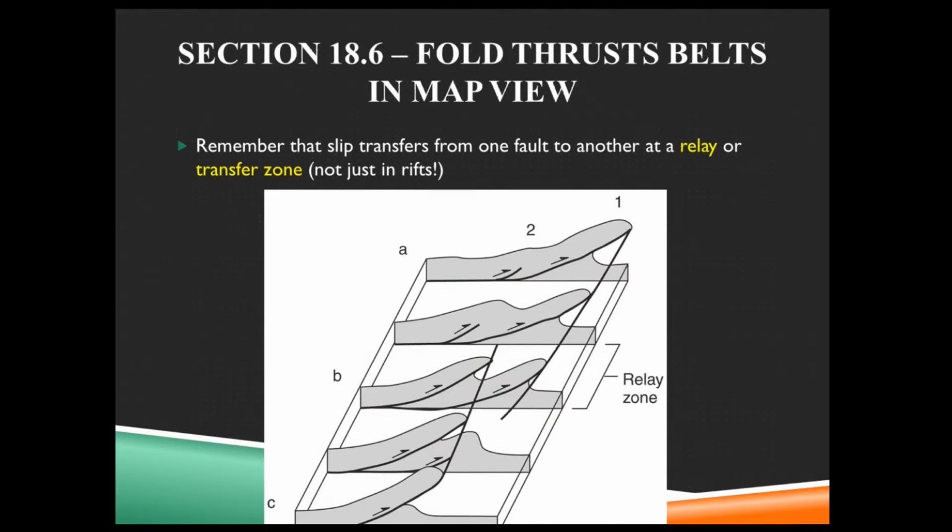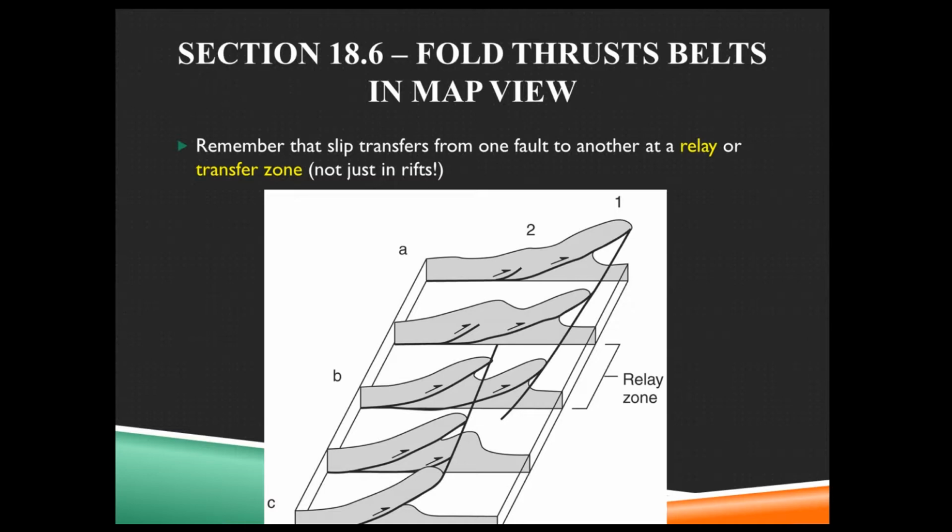We can also get them in transfer zones. The transfer zone is where rock is deforming and slipping to get stuff from one fault to line up with stuff from the next fault.